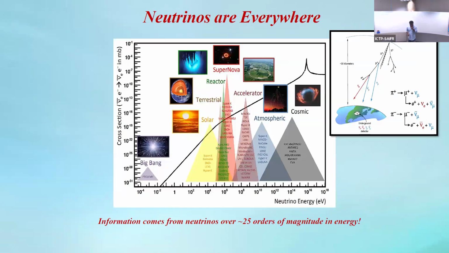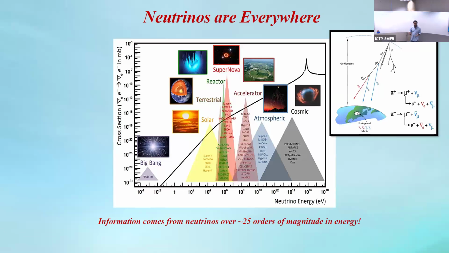So then the next question is where neutrinos can come from. Neutrinos are the second most abundant particle in our universe, as you know. For example, from the sun, if you put your hand out, almost 100 billion neutrinos per second are passing through. So the sun is an excellent factory of neutrinos, and there are other sources like supernovae.